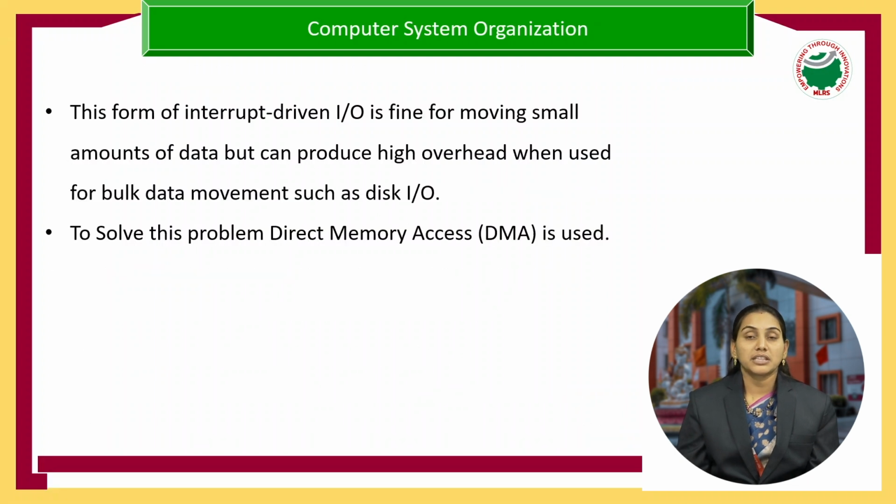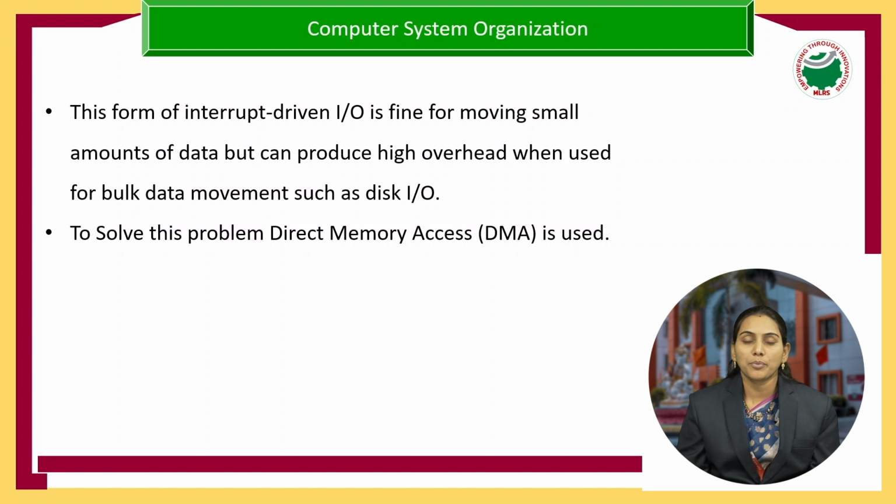This form of interrupt driven IO is fine for moving small amounts of data, but can produce high overhead when used for bulk data movement. To solve this problem, direct memory access is used. When we want to move a large amount of data from device to memory, interrupt driven IO is not suitable, so we use DMA, direct memory access.